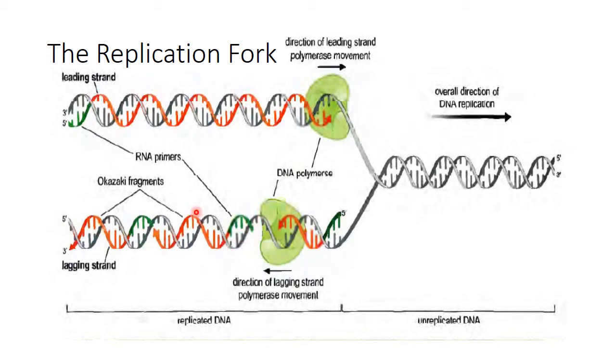The new strand is called a lagging strand, and the short fragments which are synthesized are called Okazaki fragments. The synthesis here is called discontinuous synthesis, and the synthesis in the leading strand is called continuous synthesis. So these are the terms which you must remember.